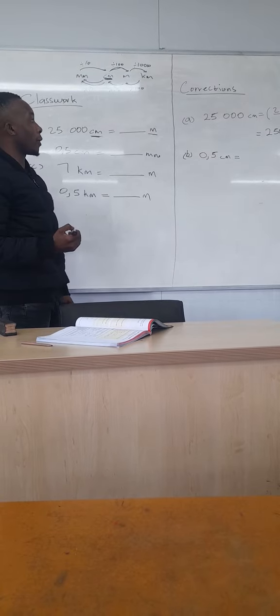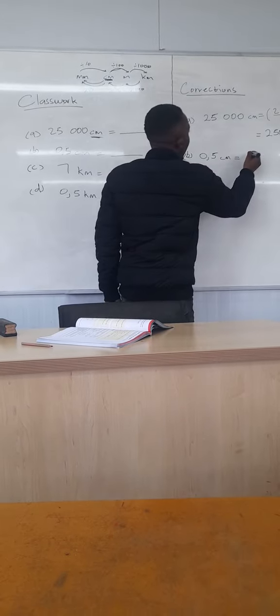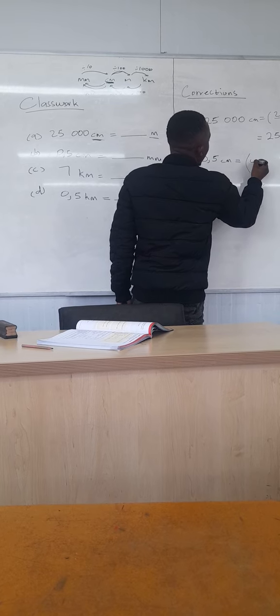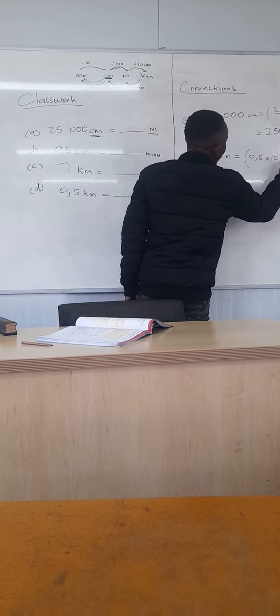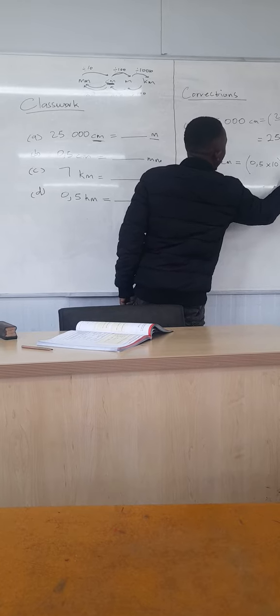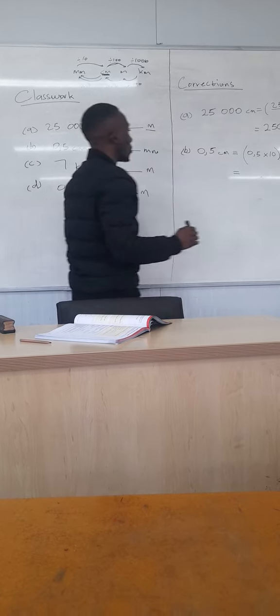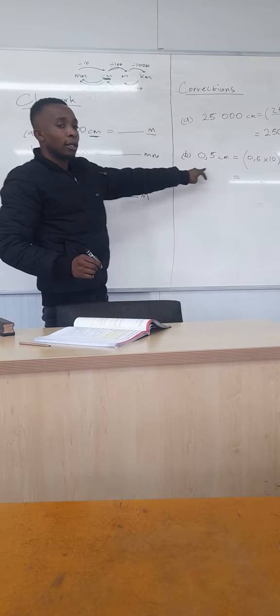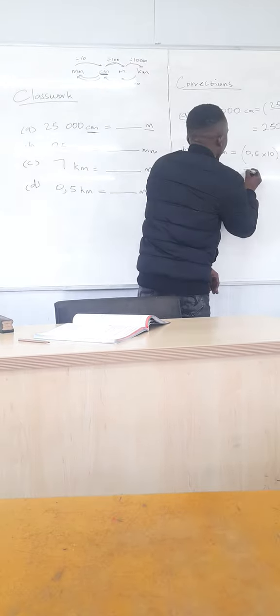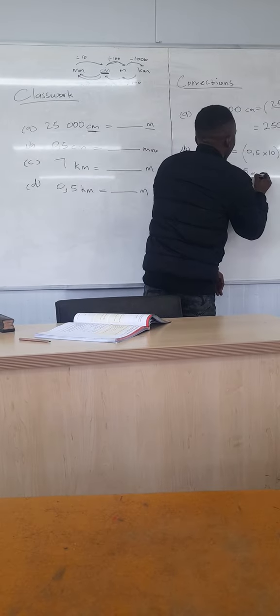We're going to multiply by 10. This one we're going to do 0.5 multiplied by 10, in millimeters. So 0.5 multiplied by 10. What is the answer? The answer is 5 millimeters.